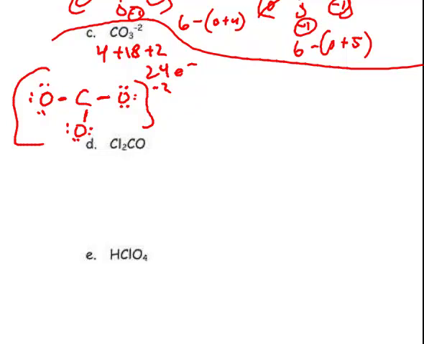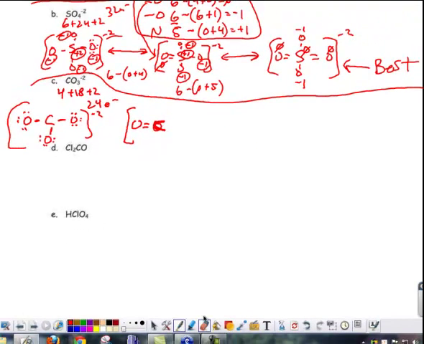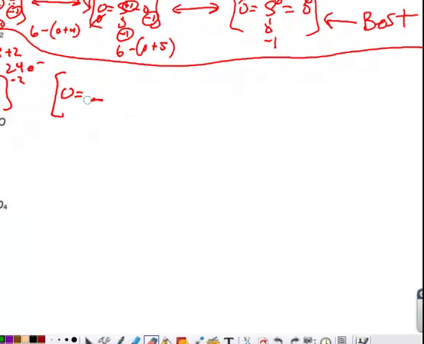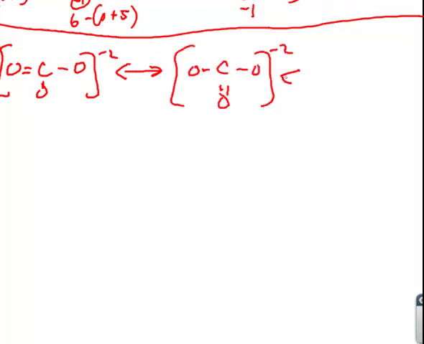So just like the nitrate ion in the first one, I'm going to do a double bond on the left, a double bond on the bottom, and a double bond on the right. Each of those considered a different Lewis structure. That should be a carbon. And I can use an eraser. So carbon on the bottom, double bond on the bottom, and a double bond on the right.